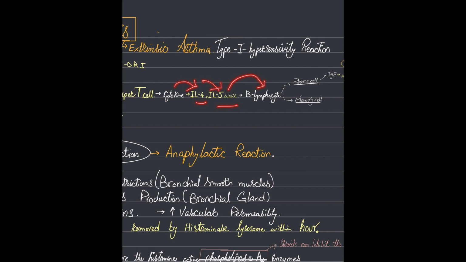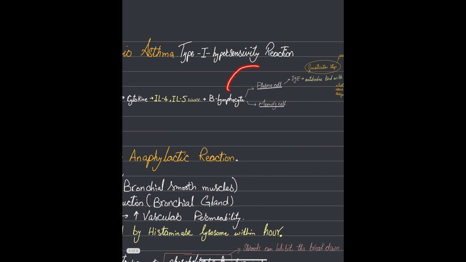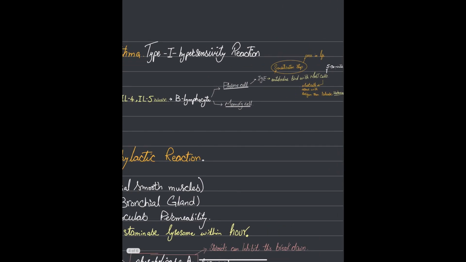Interleukin 5 acts on the B lymphocyte, the B lymphocyte goes to the plasma cell, and the plasma cell releases immunoglobulin E.